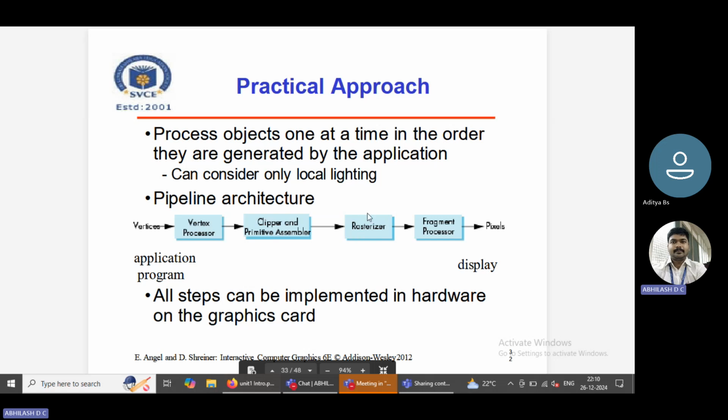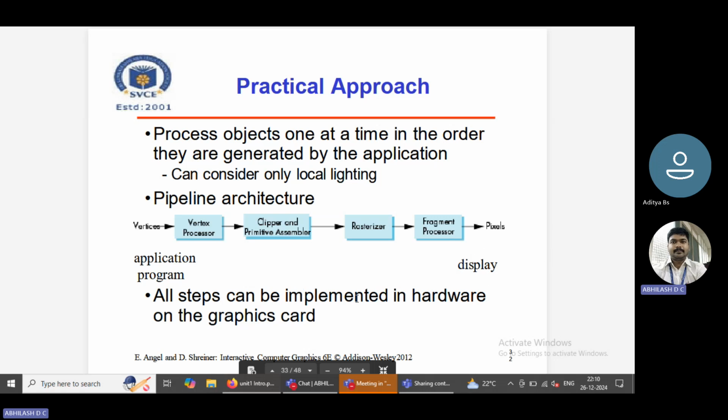Next comes the rasterizer. The rasterizer is nothing but what converts the digital information into picture cells, right? Next comes the fragment processor, which deals with which part of the image should come at which particular place, and we have the pictures. As you can see, this is the application program on the left side, and on the right side, we have the display.